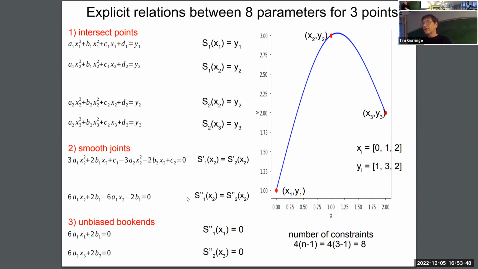2 equations here. And so all I'm doing to get this equation upstairs and this equation downstairs, I'm basically differentiating this cubic function on the left to get the slope, differentiating this cubic function on the right to get the slope.